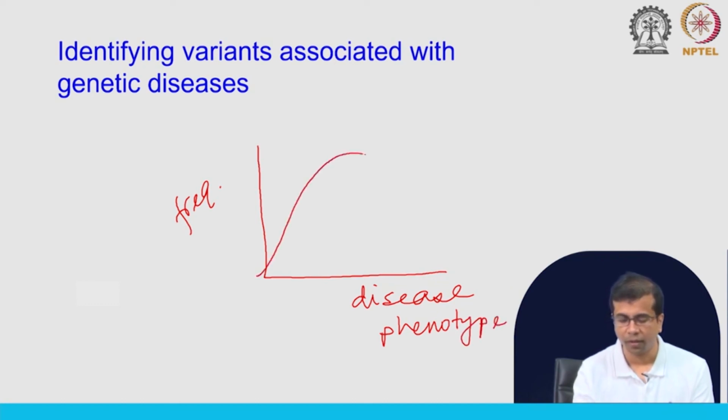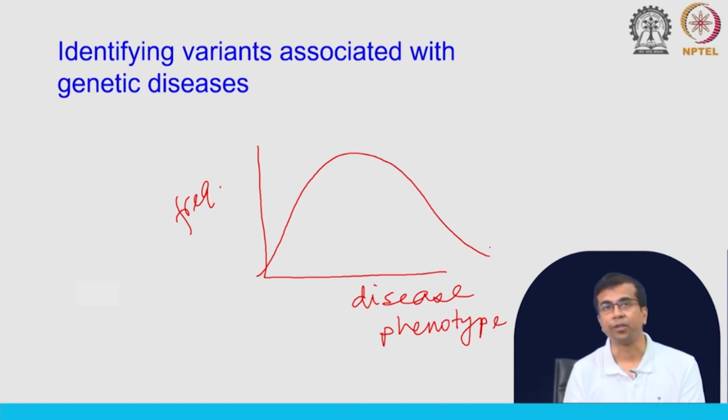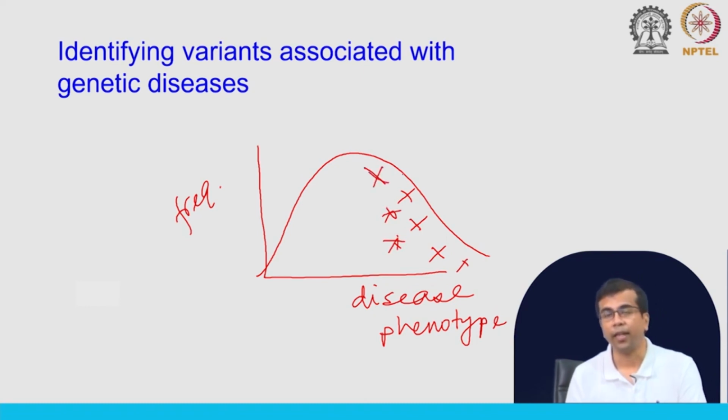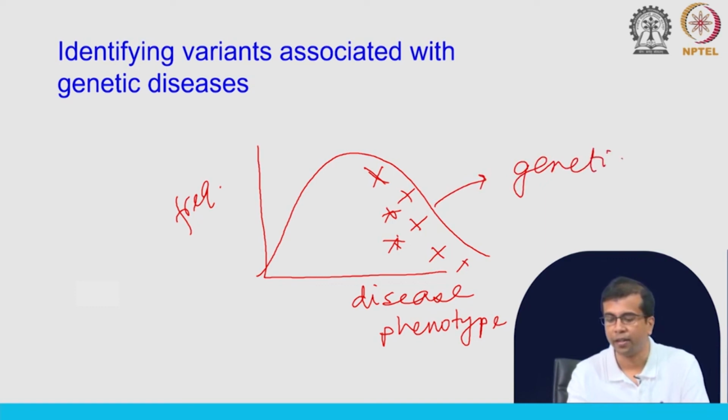and maybe the distribution looks something like this. And for the frequency of individuals showing these different disease phenotypes, we see certain mutations are associated with very severe disease phenotypes. That might mean these variants are perhaps associated with this genetic disease.